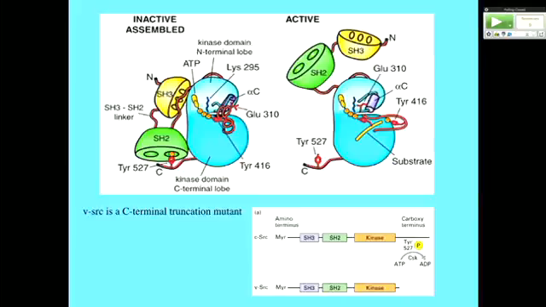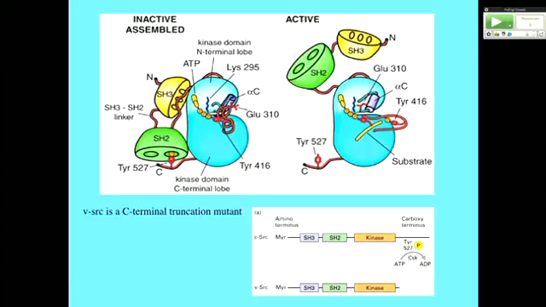Okay, so now let's look at normal cellular Src, which I showed you the crystal structure of, with all the domains and how they fold on one another. And here's a cartoon of that. We see that there are several domains that are very important to protein folding and functional activity.